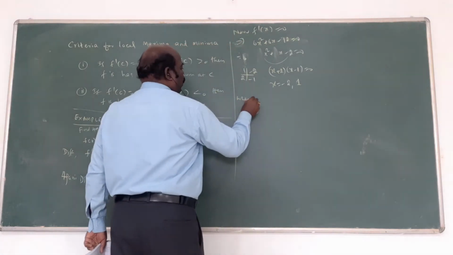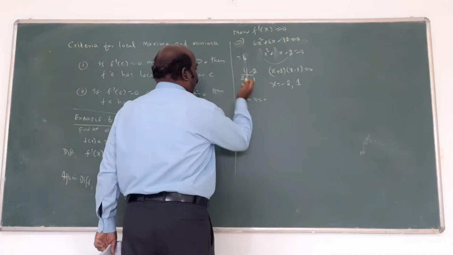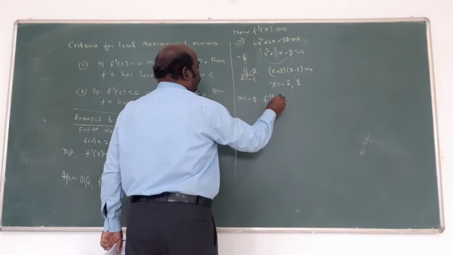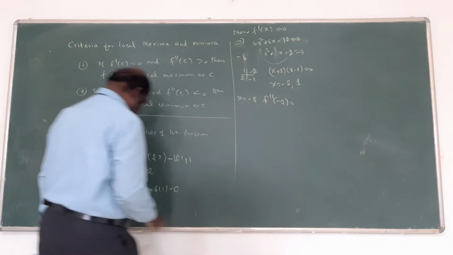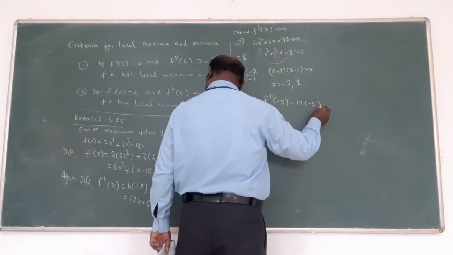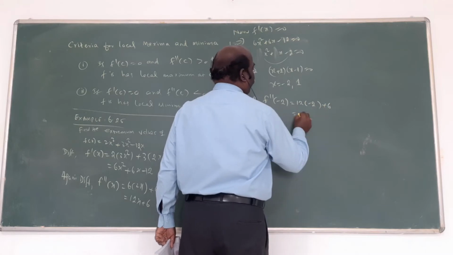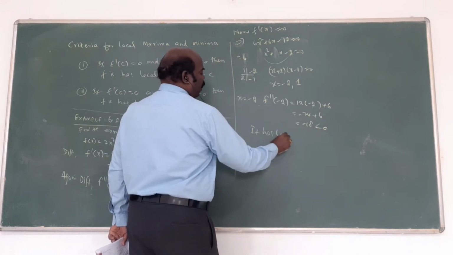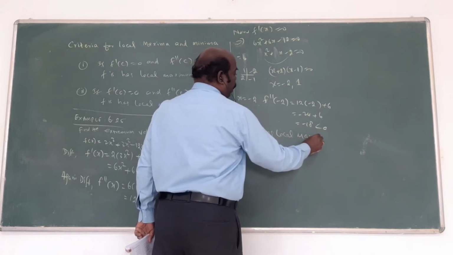When x is equal to minus 2, f''(minus 2) equal to what? 12 into minus 2 plus 6, minus 24 plus 6. That is minus 18, less than 0. That's why it has a local maximum.